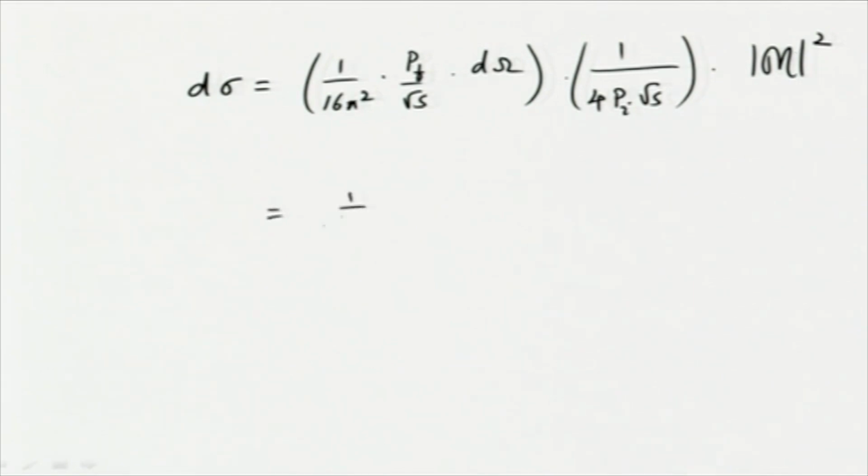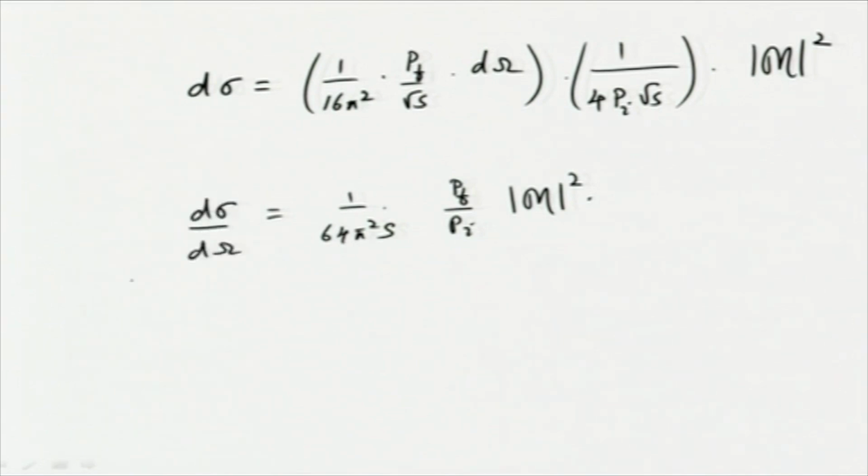This is equal to 1 over 64 pi squared s, p_f over p_i, |M|^2 d omega, or I can write d sigma over d omega as 1 over 64 pi squared s, p_f over p_i, |M|^2.